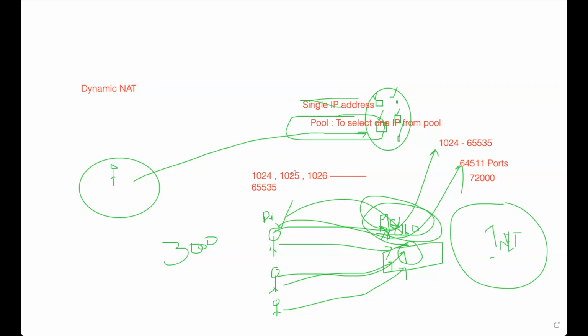Is it clear? How does dynamic NAT work? Tanishq, is it clear? Can you explain again? Your voice got broken a little bit. Okay. Who can explain dynamic NAT, guys?